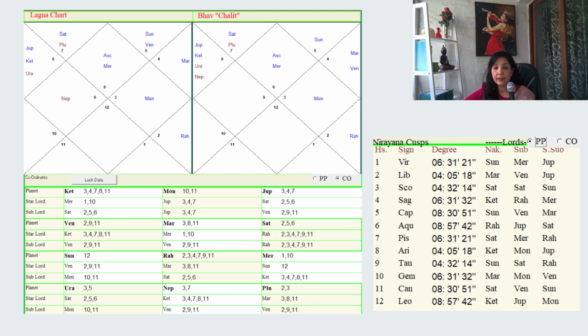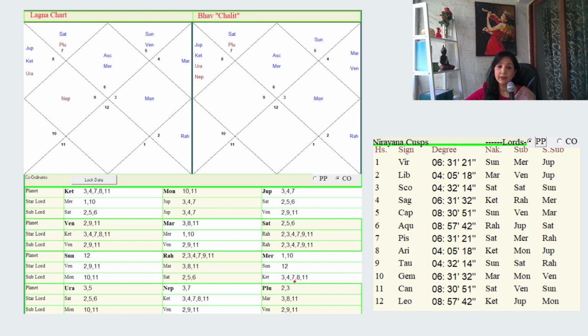This sublord tells. So in KP astrology, sublord is most important. So finally at sublord we get 7-11 plus 3. So finally 7-11 along with 4-8. So both events will occur.